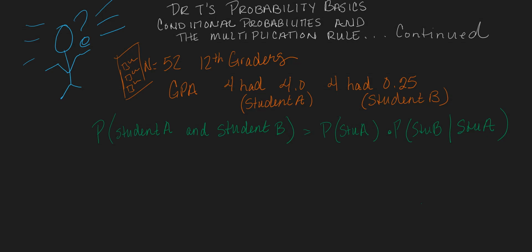4 of those had 0.25, and these folks we're calling student B. We are trying to find the probability that we just randomly choose 2 surveys out of our pile, and one of those surveys will be of a student who had a 4.0 GPA, and the other survey will be of one of the students who had a 0.25 GPA. Now, our entire population of surveys is 52.